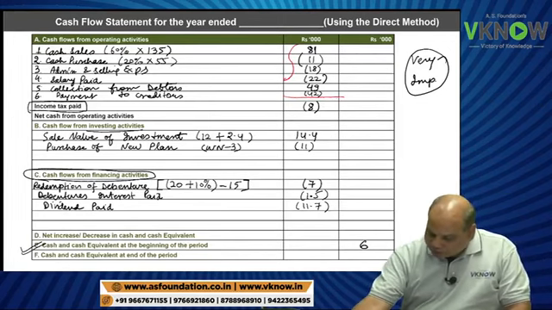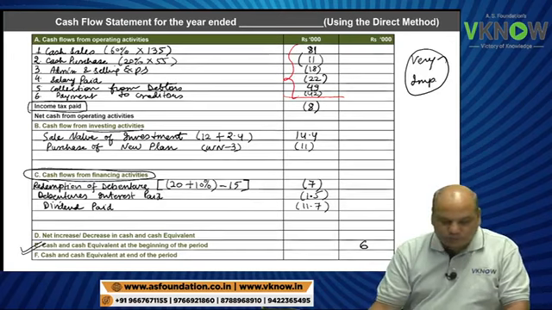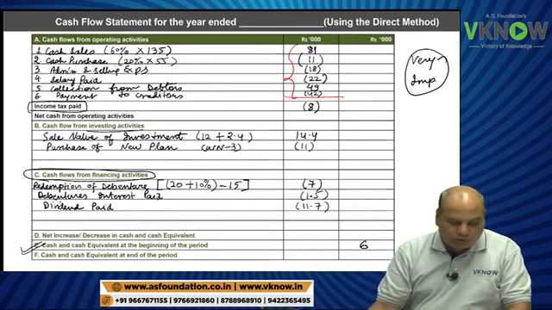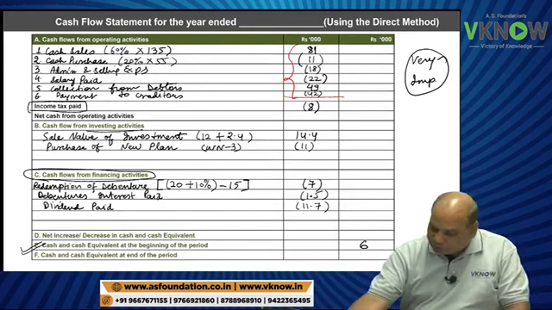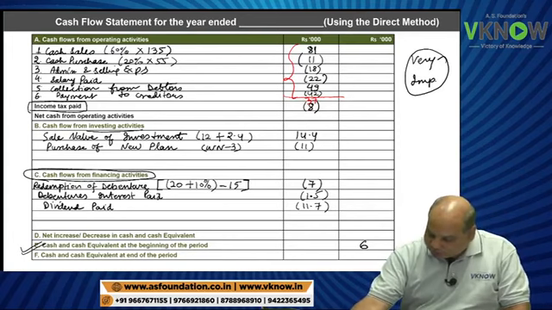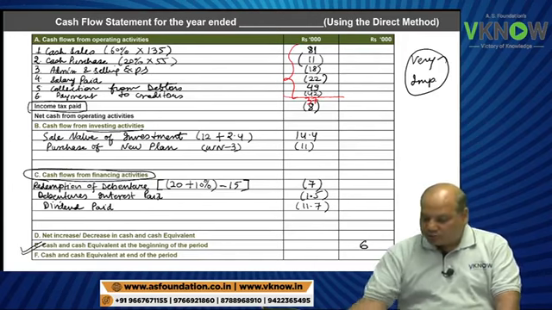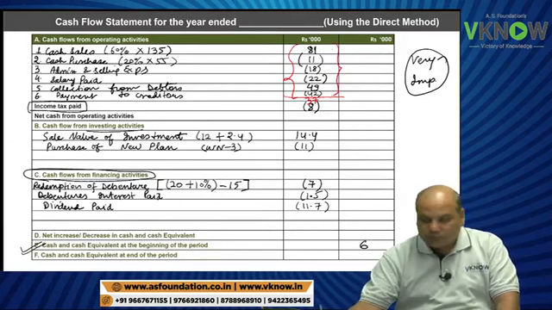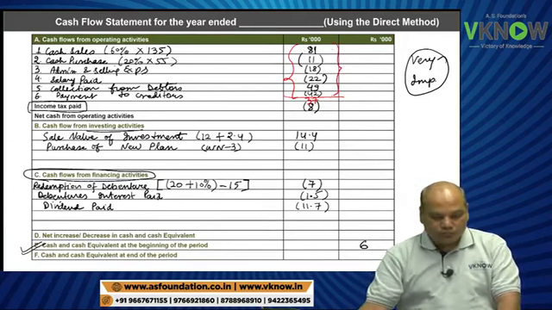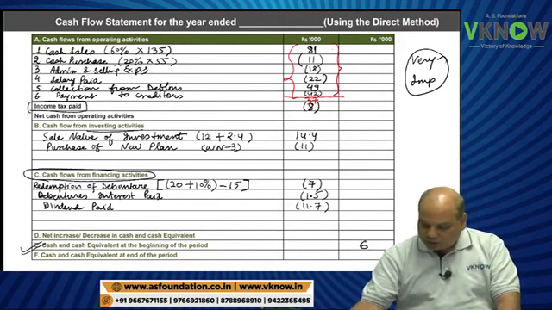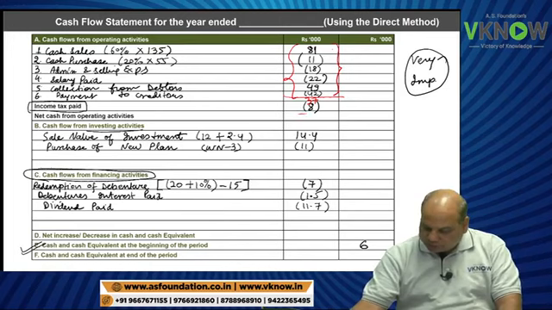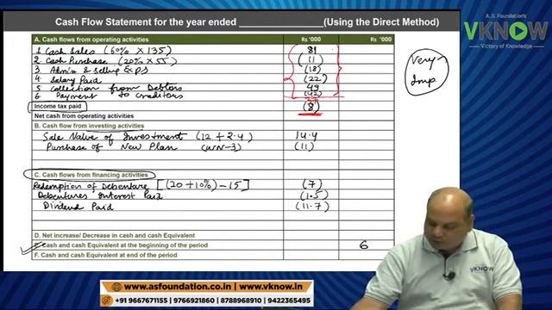First you tell me cash flow from operations. Cash generated from operation 37, total of these 6 items. Minus 8, tax paid. So cash flow from operating activity would be 29.